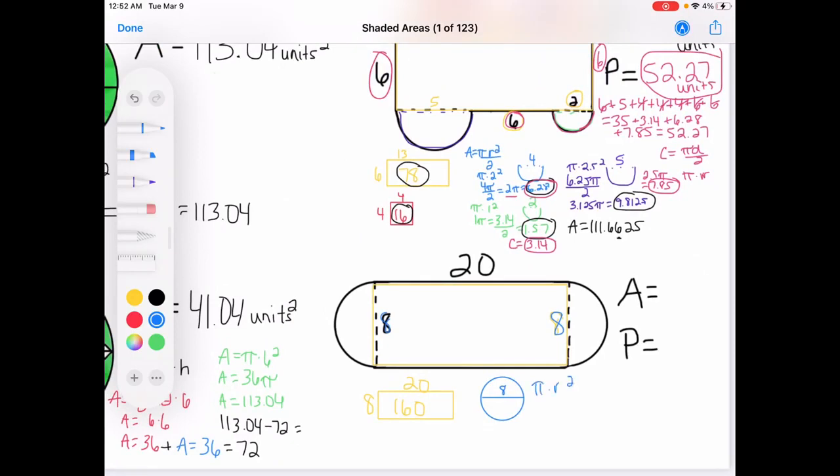Well, if my diameter is 8, then that means my radius is 4. So 4 squared would be 16. And 16 times pi is 50.24 units. So for my area, I just combine my areas now. So 160 plus 50.24 would be 210.24 square units.